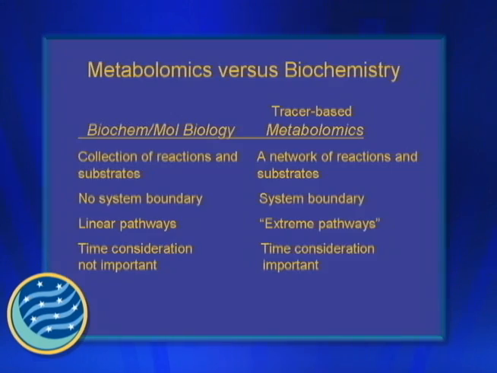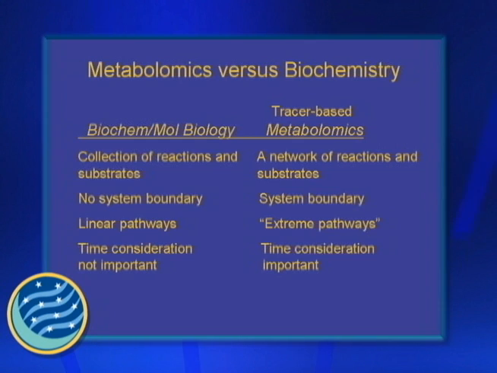In traditional chemistry, you don't define a system boundary. You look at an individual reaction as if it exists by itself. And of course, in tracer-based metabolomics, we define the system boundary so we can define input and output. We can define the direction of flux.